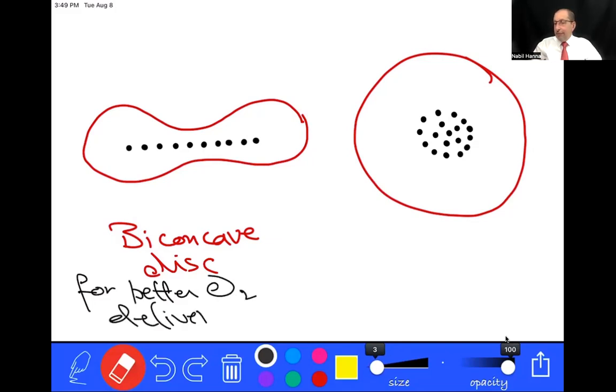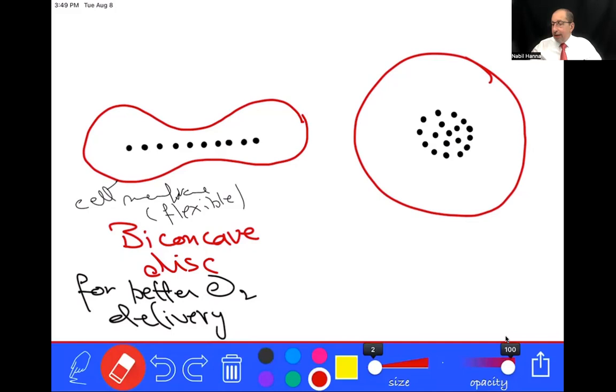Not only this, but the cell membrane of red blood cells is very, very flexible. And this enables the red blood cells to squeeze themselves into very tiny blood vessels.